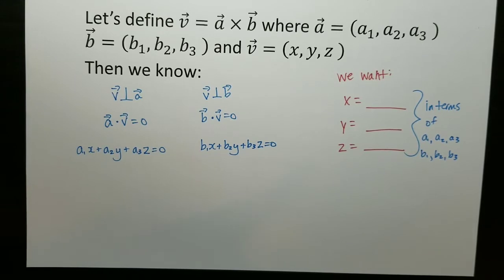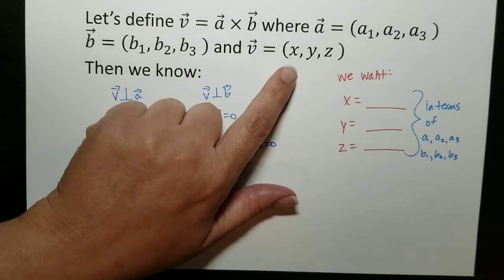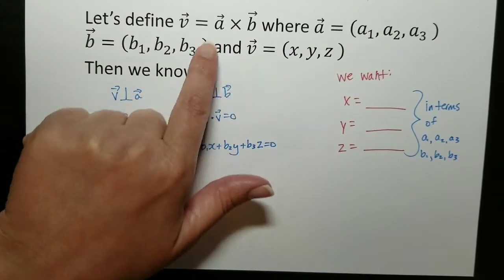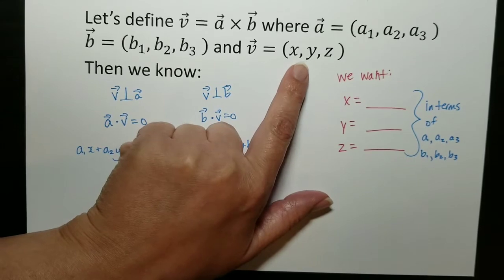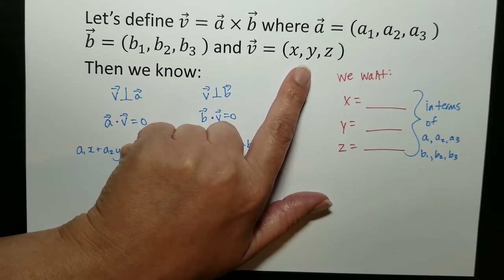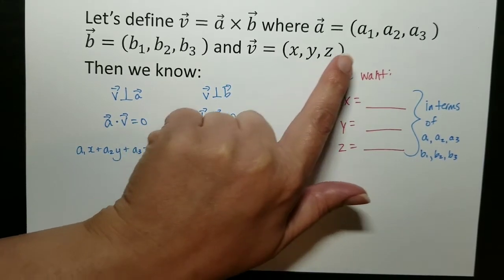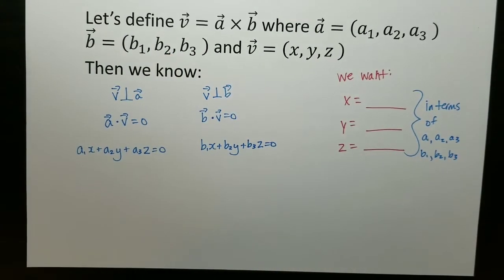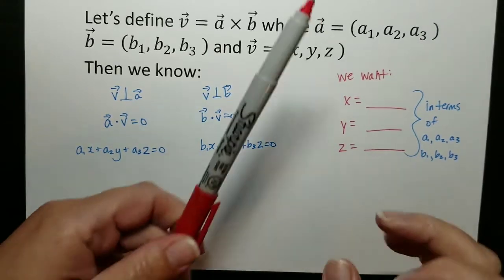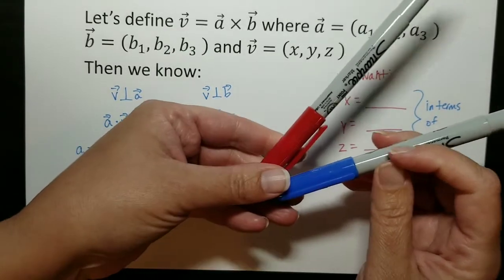And really, we know that there would actually be an infinite number of vectors that are perpendicular to both A and B. But all of those vectors are going to be scalar multiples of my V. All of the vectors that are perpendicular to both of these will be scalar multiples of each other. So for instance, I'm going to do pen math here.